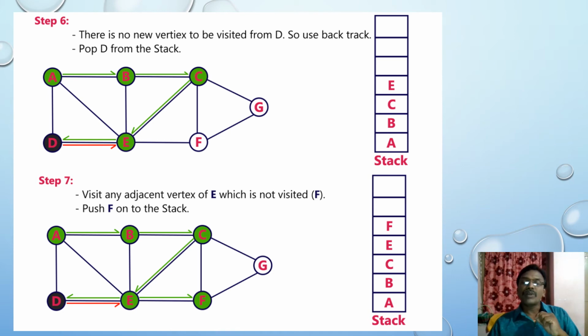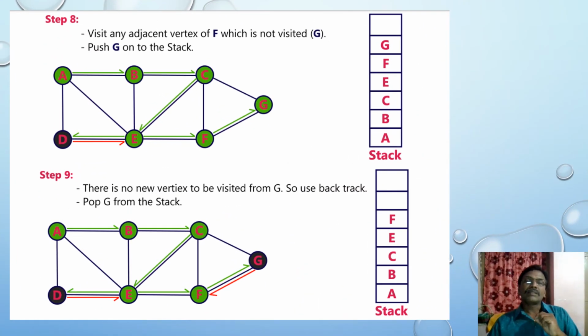So move to F and push it into the stack. Then F's existing vertices are E, C, and G. But C and E are already visited, and G is the only non-visited vertex. So from F move to G, and G is inserted into the stack.